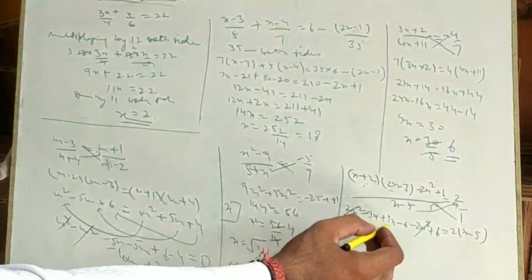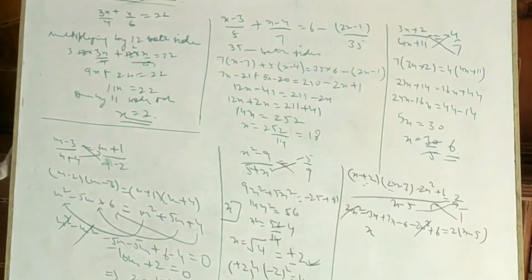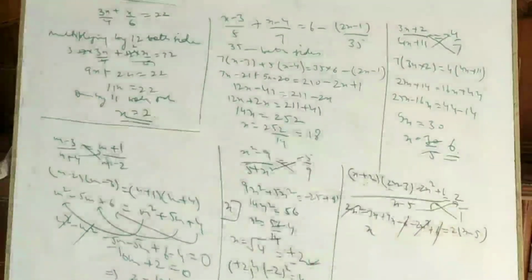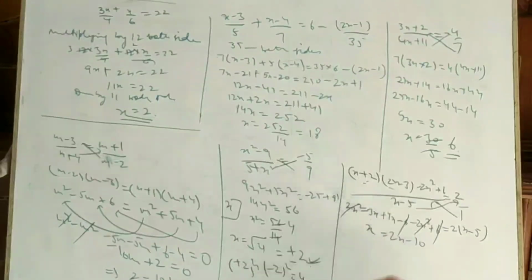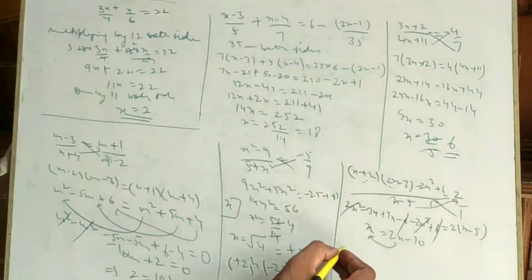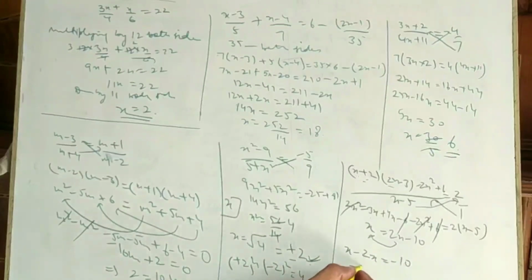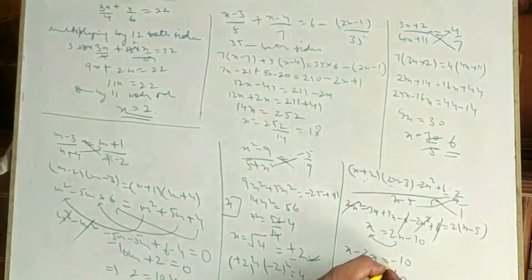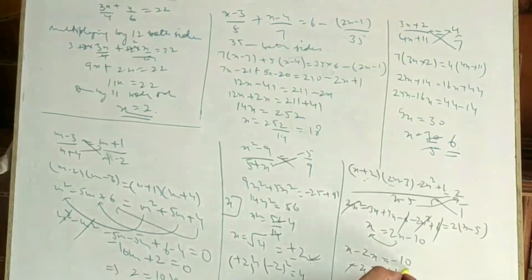So minus 3x plus 4x becomes x, and minus 6 plus 6 becomes 0, and this value is equal to 2x minus 10. Now if we take this to the other side, it becomes x minus 2x is equal to minus 10, and this is minus x is equal to minus 10. So minus and minus get cancelled, so we have x is equal to 10.